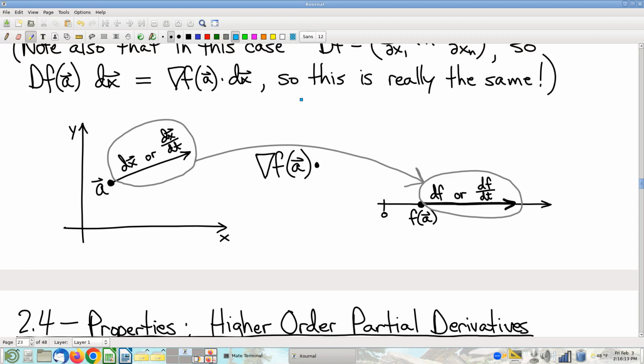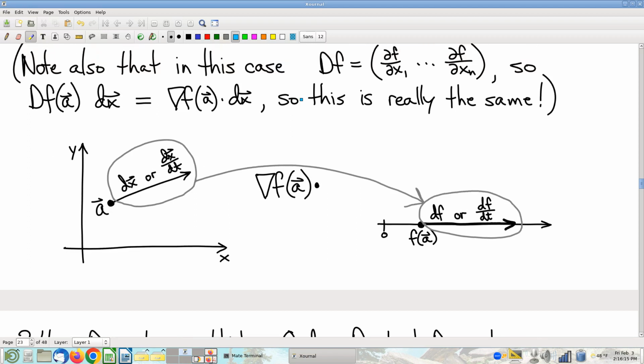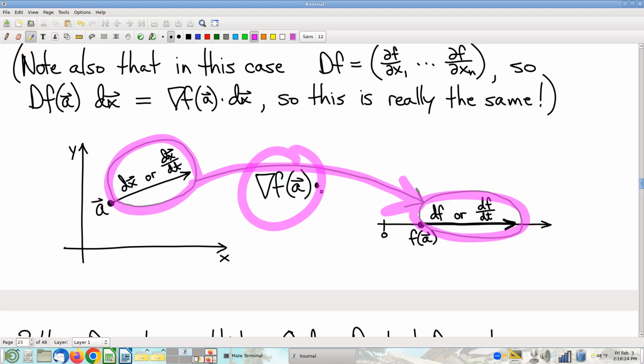So, interpreting in this context, thinking of the derivative as being executed by a gradient vector, as a dot product with a gradient vector instead of as a matrix, then the gradient vector is the thing that turns input changes into output changes. It plays the same role that the derivative does, just you have to use the dot product because it's a vector. Is that okay to everybody? Any questions? Everybody's good?